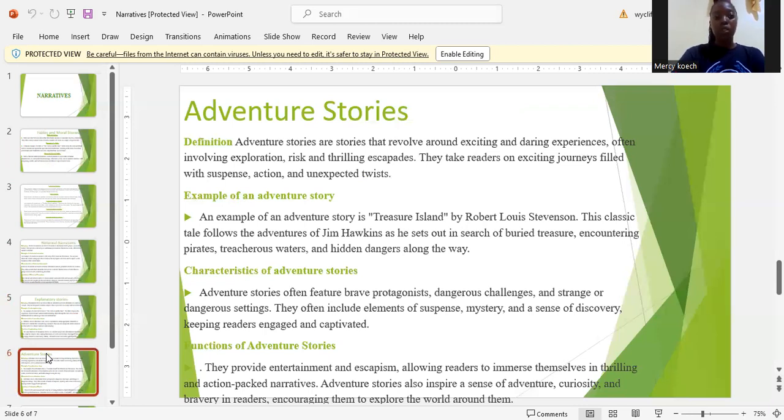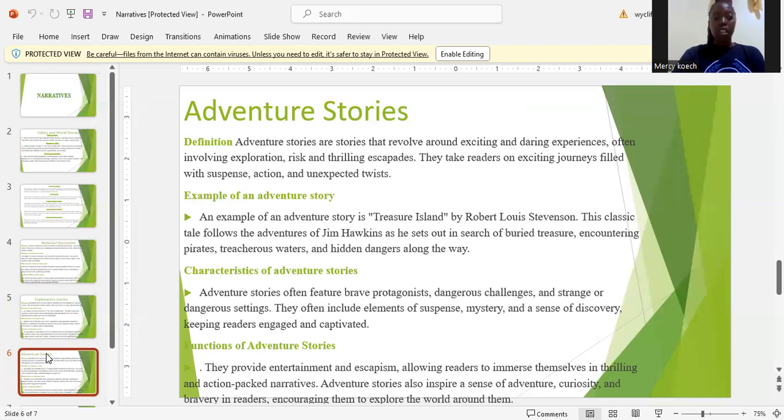Characteristics of adventure stories. Adventure stories often feature brave protagonists, dangerous challenges, and strange or dangerous settings. They often include elements of suspense, mystery, and a sense of discovery, keeping readers engaged and captivated. Functions of adventure stories.